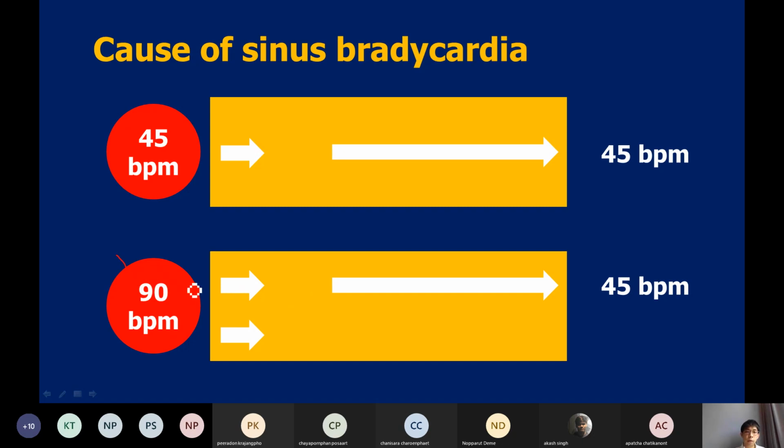But the impulse enters the paranodal area in yellow but cannot exit this area into the atrium. It can only exit half of the impulses that were generated. So this would also cause sinus bradycardia. We can call this one the SA exit block.